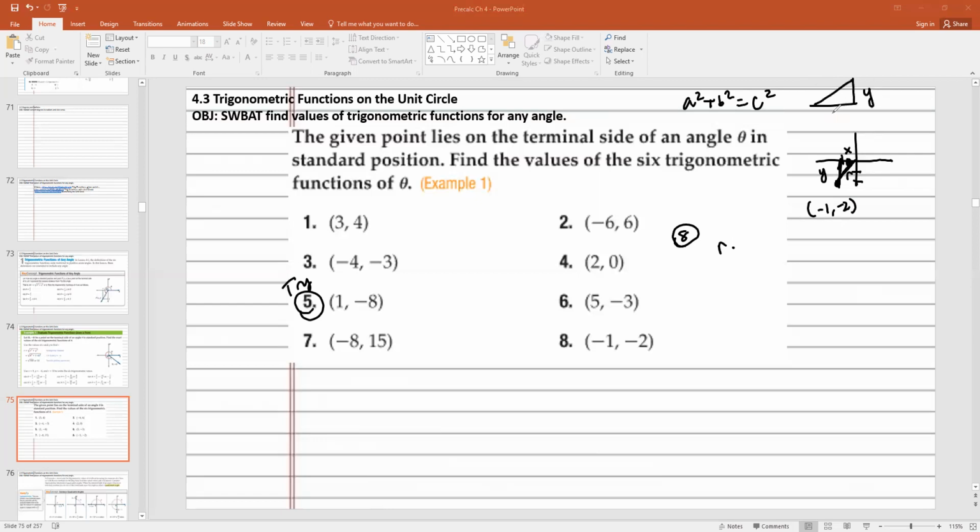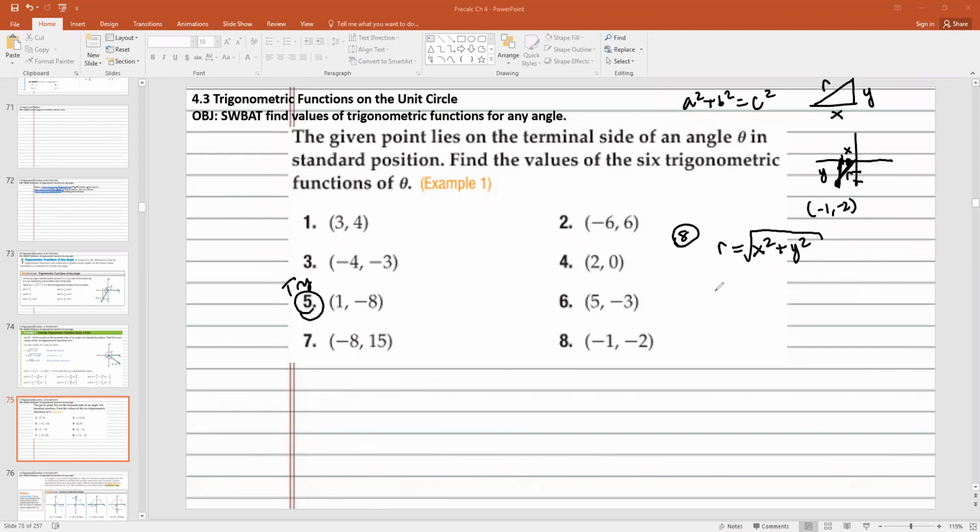But here we don't have a, we have y, x, and r. So r squared equals y squared plus x squared, or x squared plus y squared, doesn't matter. We don't want to solve for r squared, we want r, so we take the square root of both sides and get the square root of x squared plus y squared.